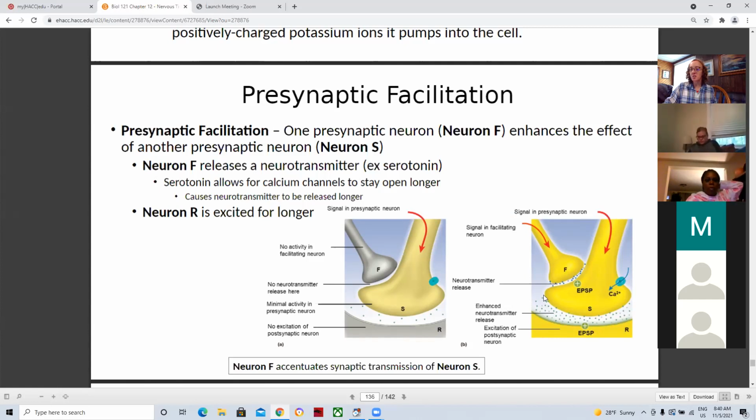What that means is that the postsynaptic neuron R here is going to be activated for a longer period. That's facilitation: one neuron enhancing the effects of another neuron to allow the postsynaptic neuron to be activated for a longer period.